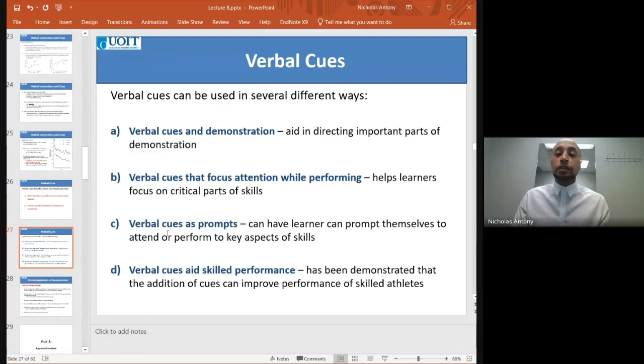Does anyone, any gymnasts or dancers? I feel like there's got to be a gymnast or a dancer in the class. So Violetta, can you think of any examples where you use verbal cues in teaching or when you're dancing?